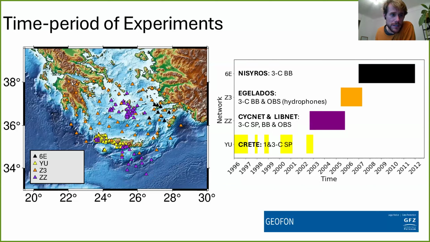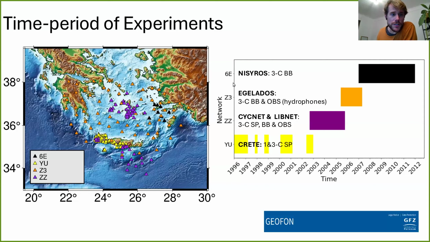In fact, you can see here all the stations are placed on mainland Greece or Peloponnese, for example, Crete, and on these small islands. But we can also see that lots of seismometers were placed on the ocean bottom, or the bottom of the Mediterranean Sea. These were ocean bottom seismometers. I will give some more details about this experiment later on, because there is some data still not available yet.